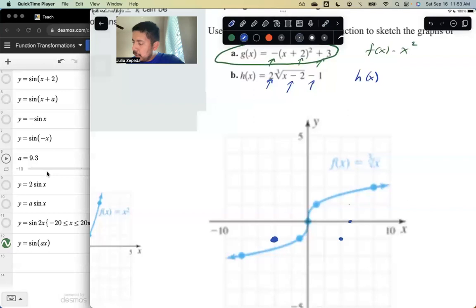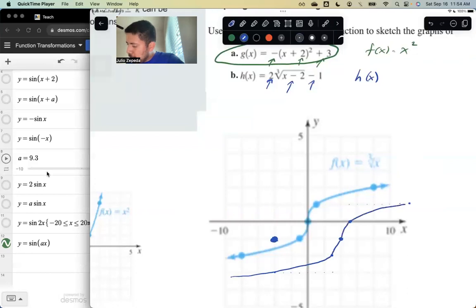So 1, 2, 3, 4, 5, 6, 7, 8. And then down 1 over 1. Down 2. 1, 2, 3, 4, 5, 6, 7, 8. Okay, so these, no, I'll just graph it. Let me do that.